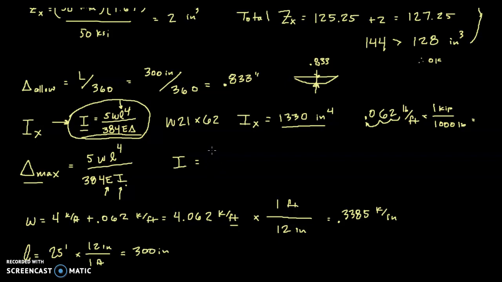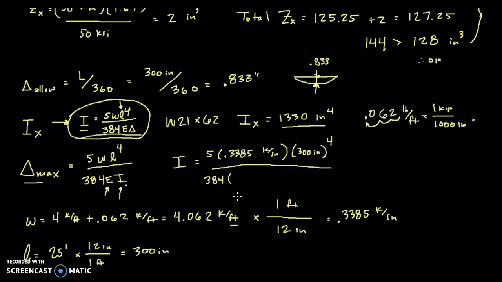Okay, so the moment of inertia I value that we are going to need is going to be 5 times 0.3385 kips per inch. That's our distributed load. The length is 300 inches. That length gets taken to the 4th power. Don't forget the exponent. And then I'm going to divide that by 384 times E. E is the modulus of elasticity.